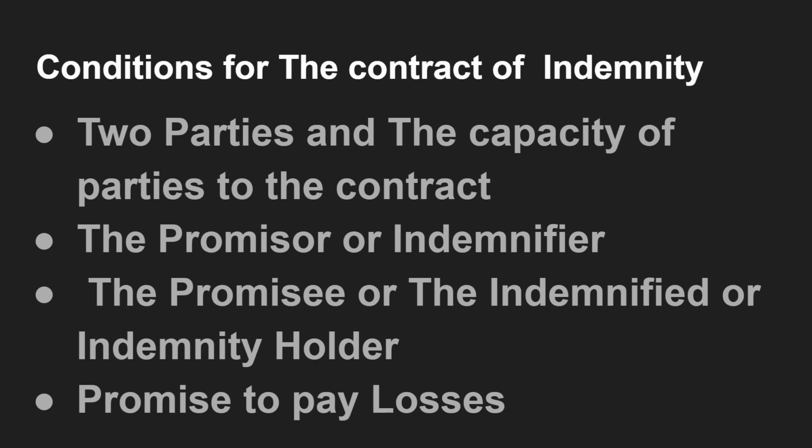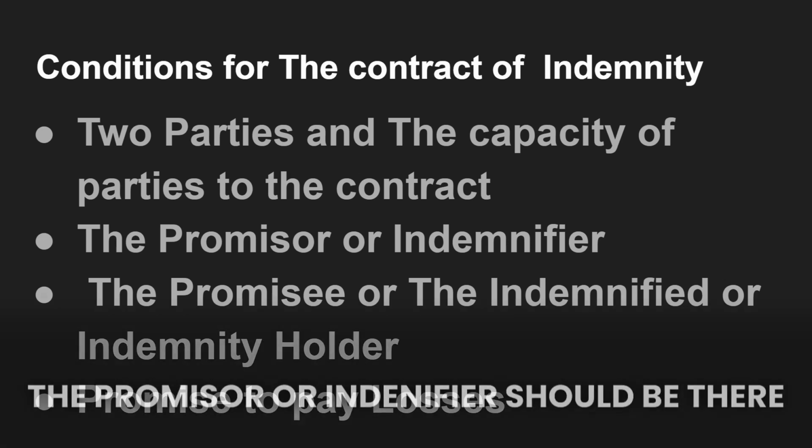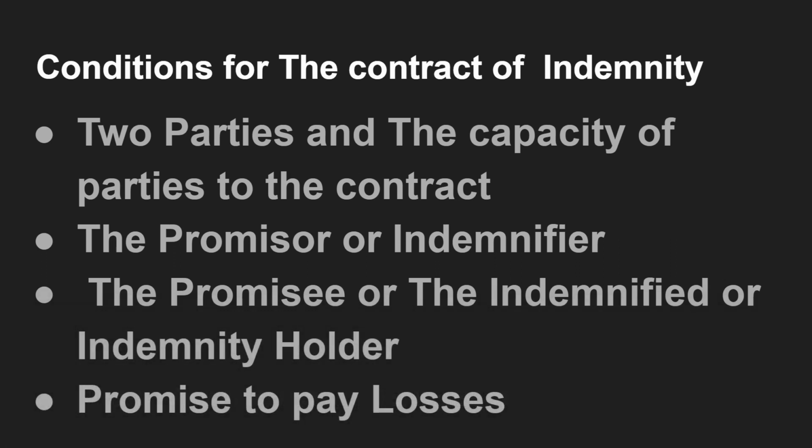So in the contract of indemnity also, minimum two parties should be there and they must be capable of entering into contract. The promiser or indemnifier should be there. One person is giving the assurance that I will compensate the loss. The promisee, or the indemnified, or the indemnity holder will be there. One beneficiary should be there. Then a promise to pay for the losses. That is the basic thing.